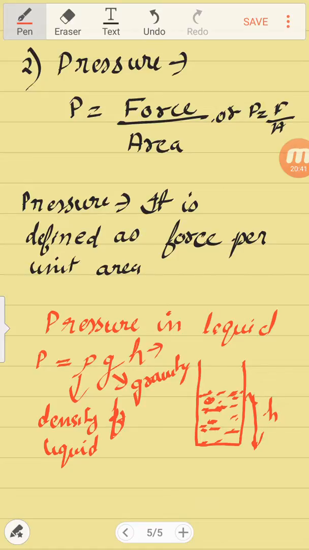So pressure in liquid is density of liquid, gravity and height.